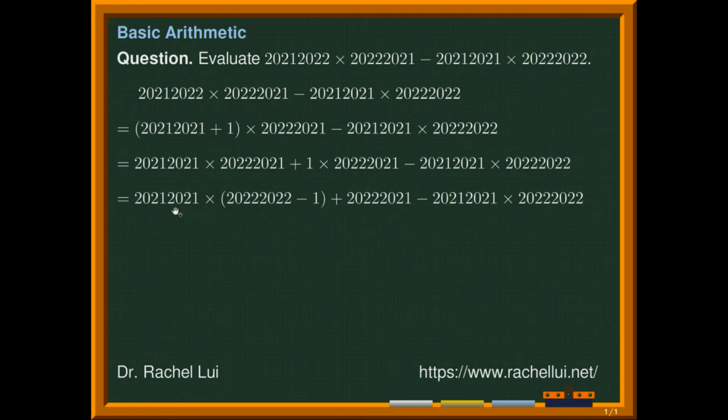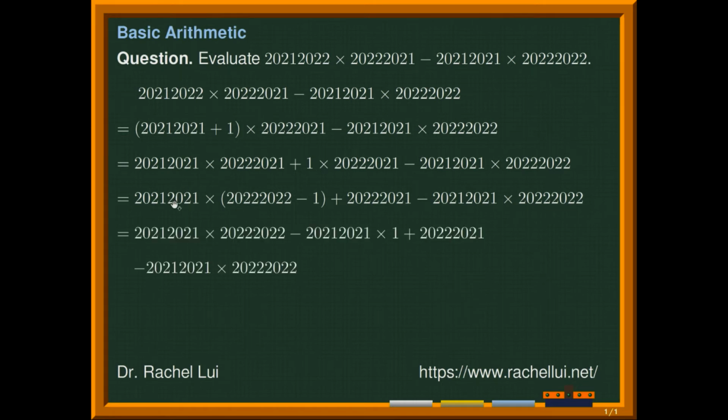So I applied distributive law again. So I multiplied these two terms and then subtract 1 times this term, and I keep the remaining the same. Then right now I realize that these two terms are the same, so they can cancel out each other. So I have 2022,2021 minus 2021,2021, which is 10,000.